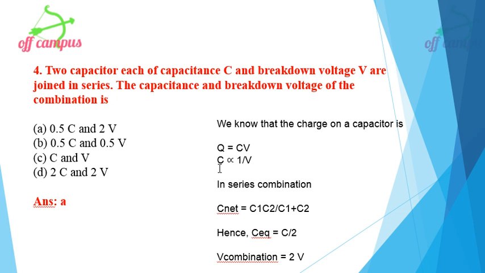We know the relation, C is inversely proportional to V. When the capacitance is C by 2, what will be the voltage? 1 divided by C by 2 is nothing but 2 V. So, it is inversely proportional. So, the equivalent capacitance is C by 2, that is 0.5 C, and the voltage is 2 V. Option A is the right option. So, we need to know the capacitance and the voltage relation, they are inversely proportional to each other.